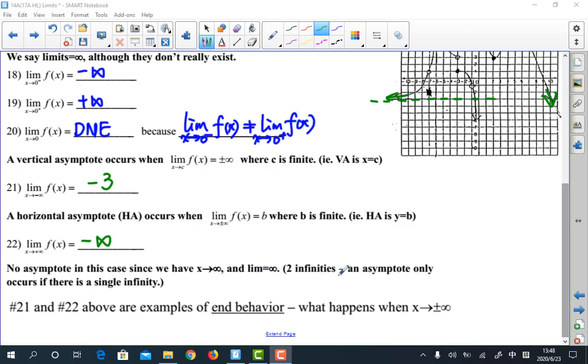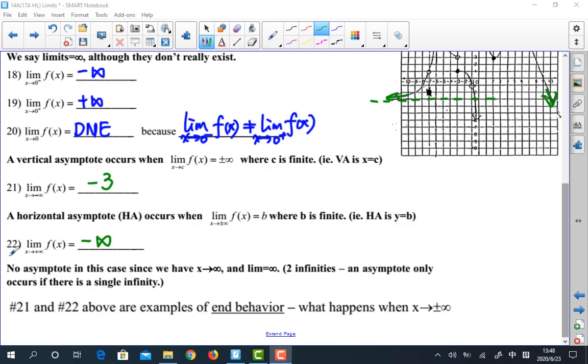So two infinities means there's no horizontal asymptote. An asymptote, vertical or horizontal, only occurs if there is a single infinity, not for double infinities, for both of x and y.